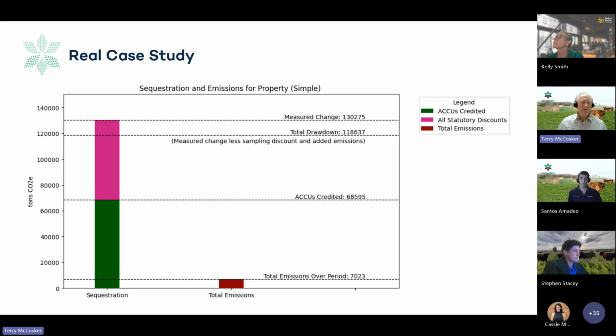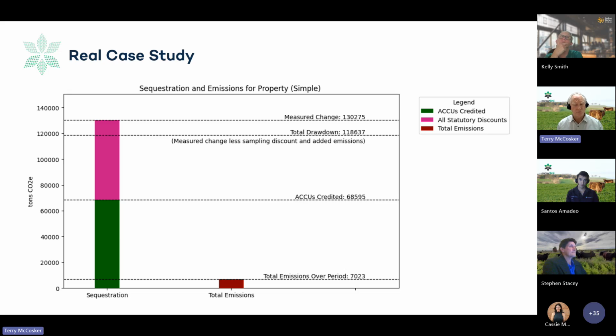And then we have a statutory discount that the government puts in there, called probability of exceedance, which then reduces the amount of CO2 to a probability, a high level probability, that we've actually sequestered that much carbon or pulled that much out of the atmosphere.